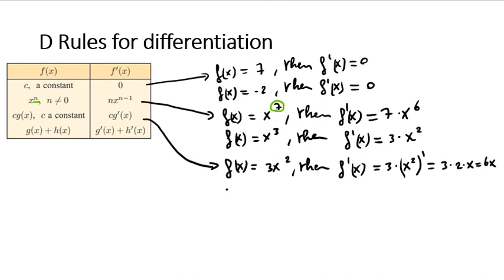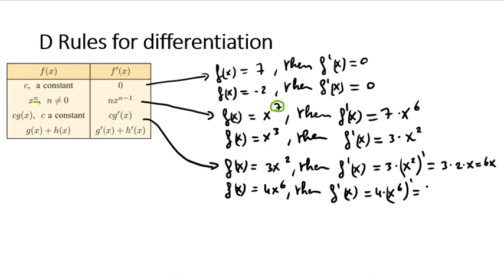Let's take another example. F of x is equal to 4 times x to the power of 6. Then we can say that the derivative of f of x is equal to, so we keep the 4 and we take the derivative of x to the power of 6, and we write that like this.